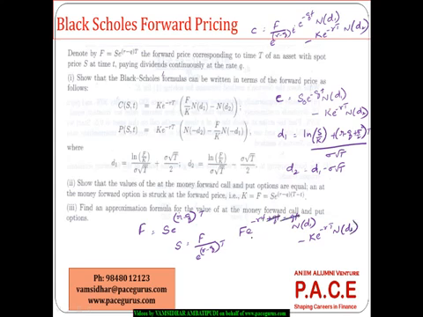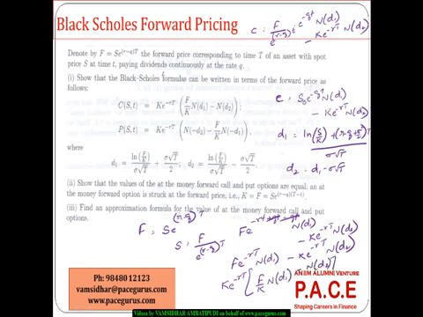So this is working out as F e power minus rt N d1 minus K e power minus rt N d2. Other way of writing is, if I am taking out K e power minus rt altogether, it is becoming F by K times N d1 minus N d2.